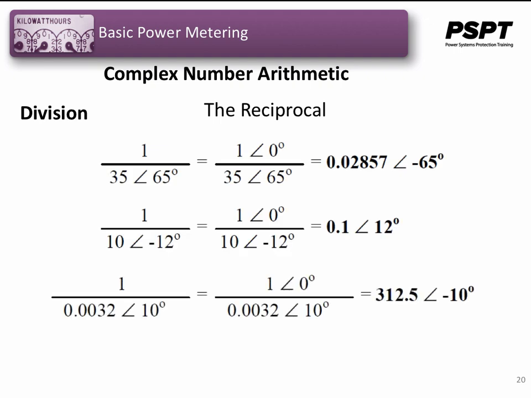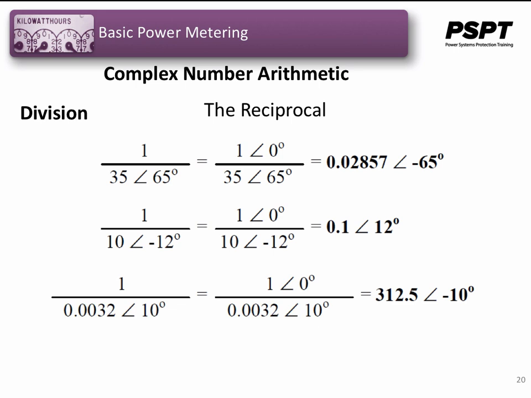So in these examples, if you want to invert the phasor 35 at 65 degrees, you'd put 1 over 35 at 65 degrees, which is the same as dividing 1 at 0 degrees by 35 at 65 degrees, and that would be 1 divided by 35, which would give you the magnitude of 0.02857, and you'd subtract 65 from 0, which would give you minus 65.